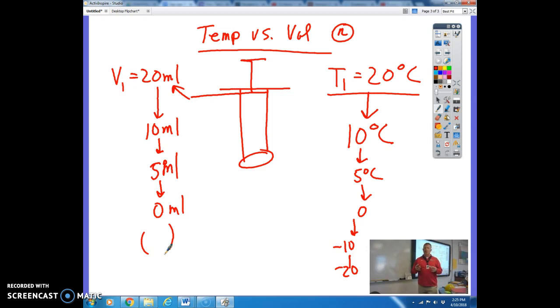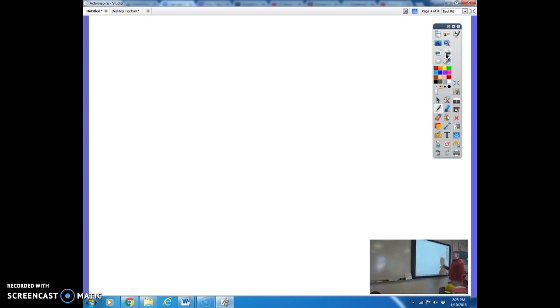Well, the problem is our temperature. We can't have negative volume, but the relationship has to be the same. So we have to use a temperature system called kelvins. Kelvins does not have negative numbers. Absolute zero is 0 degrees Kelvin. How do we calculate this? Anytime we have temperature in Celsius, we have to convert it to kelvins. And it's really simple.